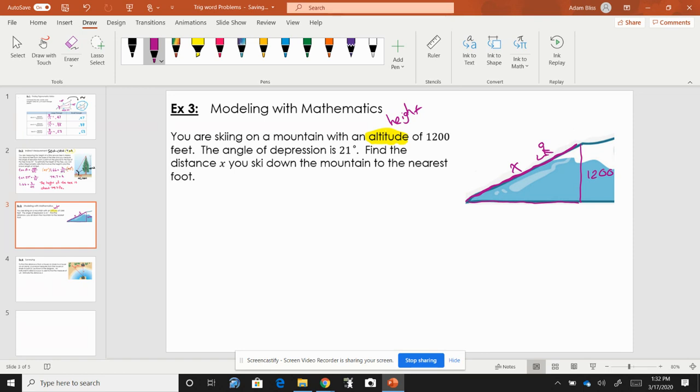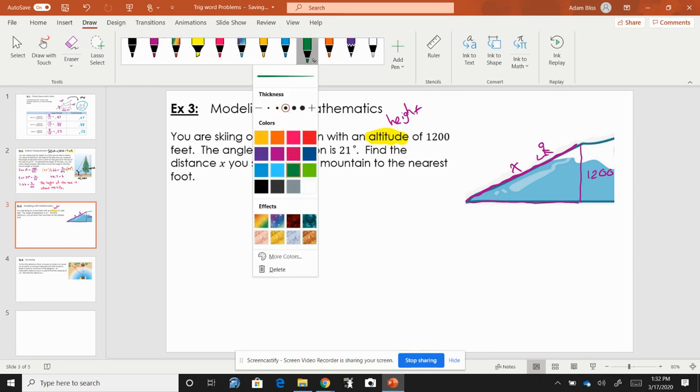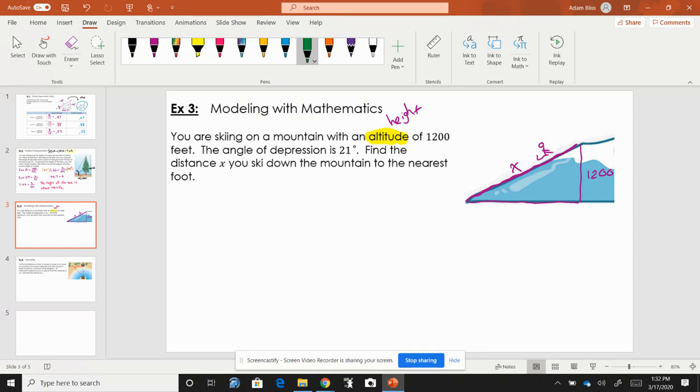Our angle of depression. Your teacher may have talked about angle of depression. Your teacher may not have. So your angle of depression is how your eyes move. So we have angle of elevation. Elevation, your eyes are going to go up.